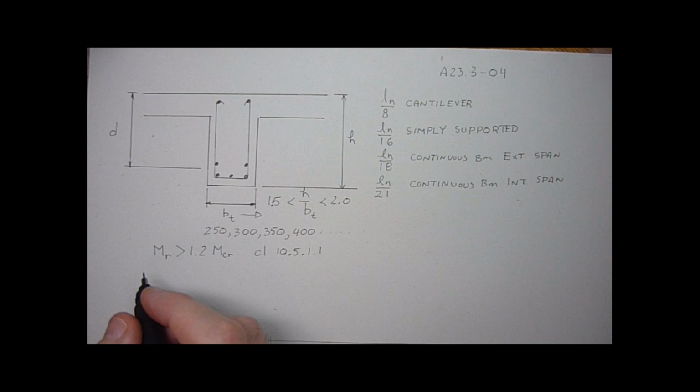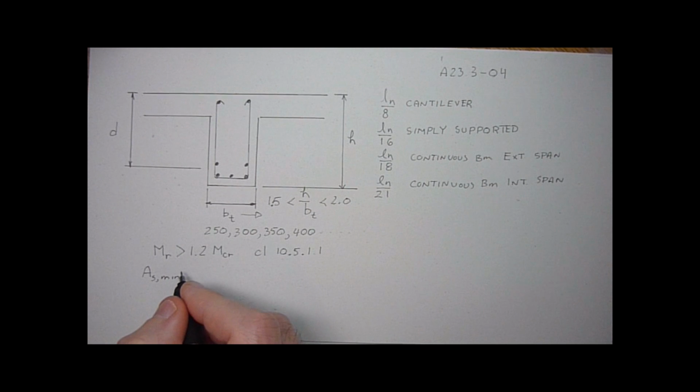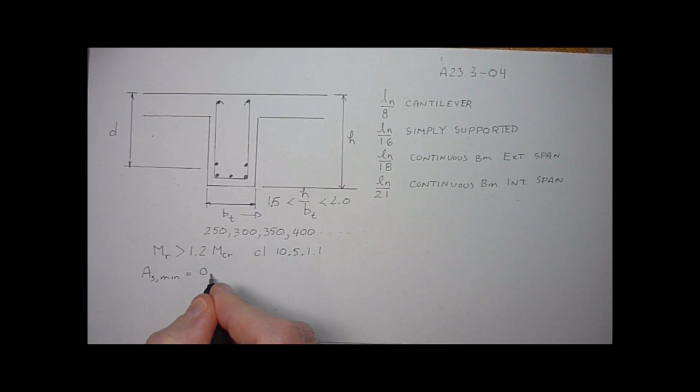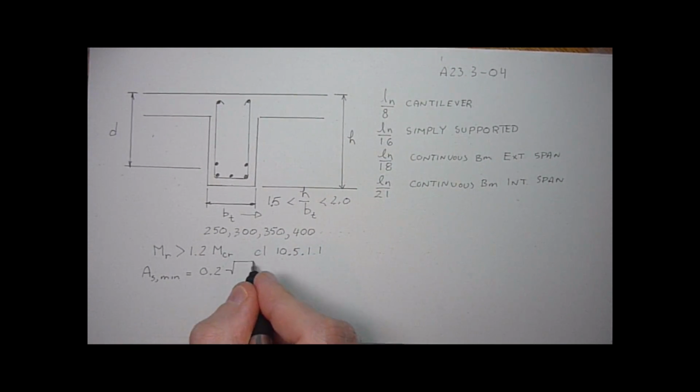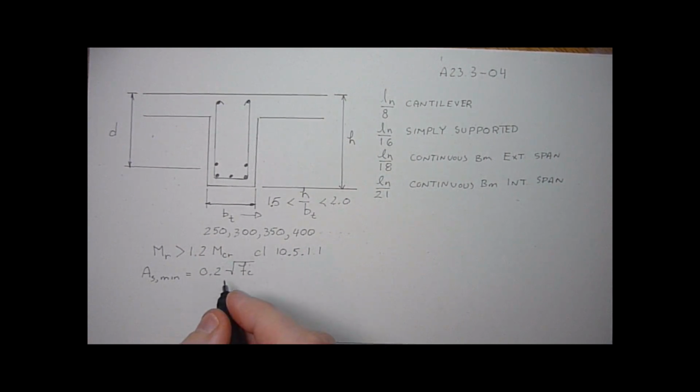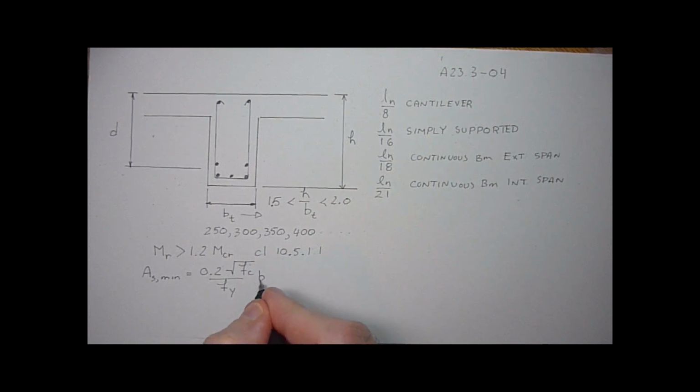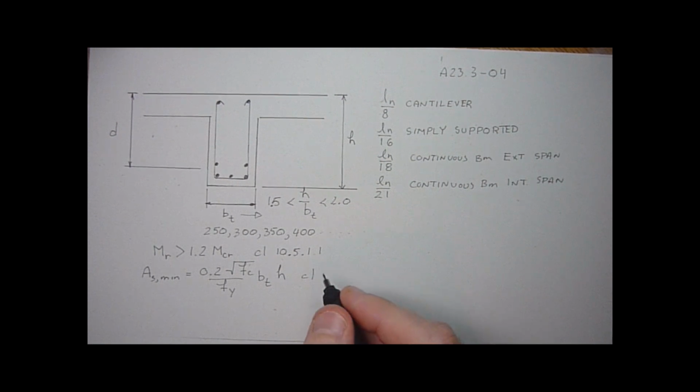And then for the minimum area of steel, there's a second criteria. As minimum is equal to 0.2 times the square root of f'c over fy times b t h. So f'c is the concrete strength, and fy is the rebar yield strength. And that's in clause 10.5.1.2.